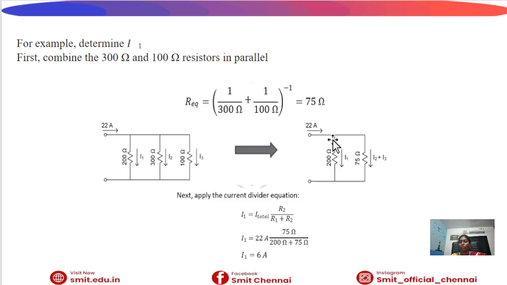The current flowing through the 200 ohm is I1, and the current flowing through the 75 ohm is I2. To find I1, the total current 22 into the opposite resistor, 75 ohm, so 75 divided by 200 plus 75. By calculation, the answer is I1 equals 6 amps.